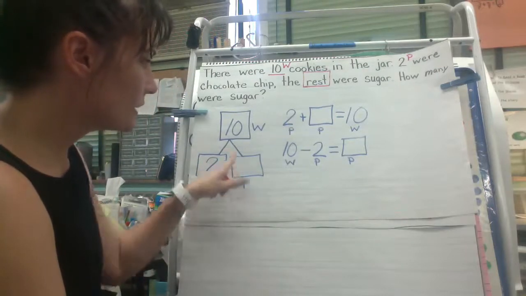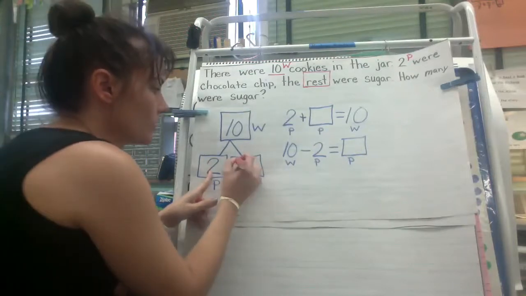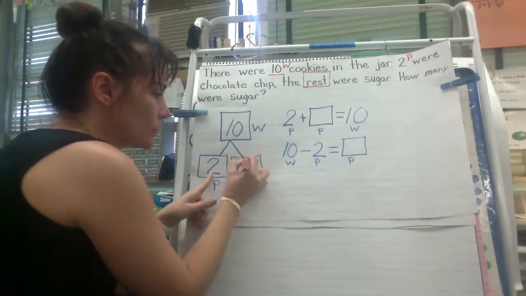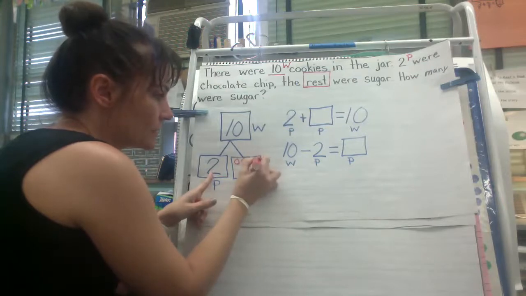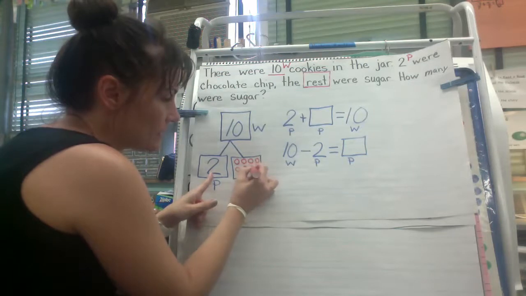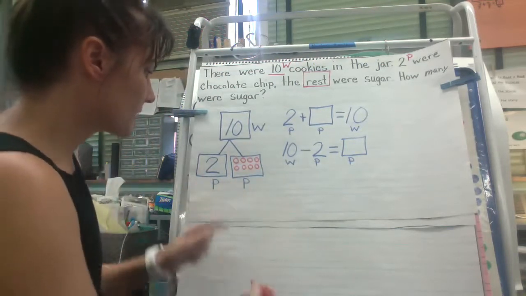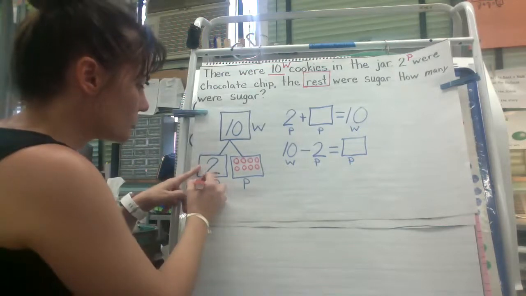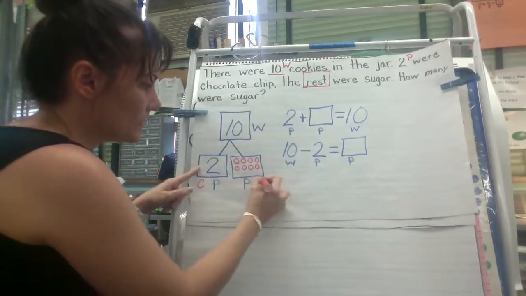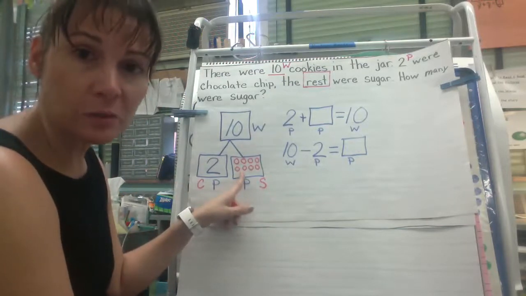Let's count on until we get to 10. 2, 3, 4, 5, 6, 7, 8, 9, 10. So if these are chocolate chip and these are my sugar, how many sugar cookies were there?